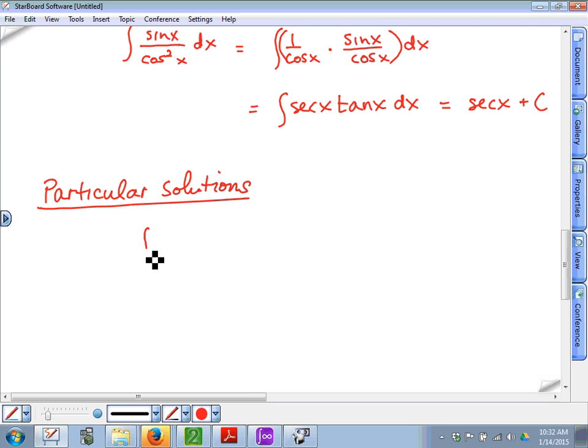Oh, hey. So the integral of 3x dx. What did we say that was? 3x squared over 2 plus c. That's what's known as a general solution.